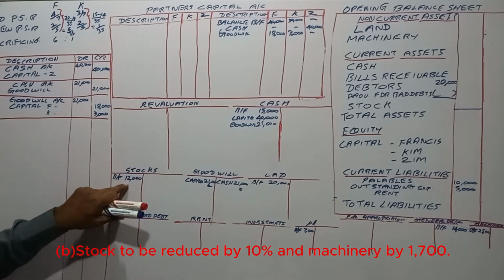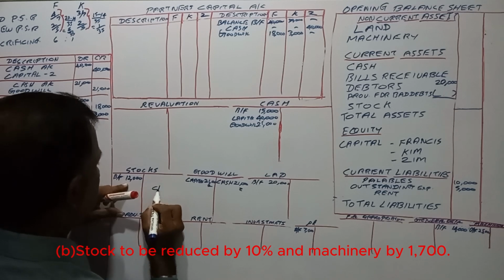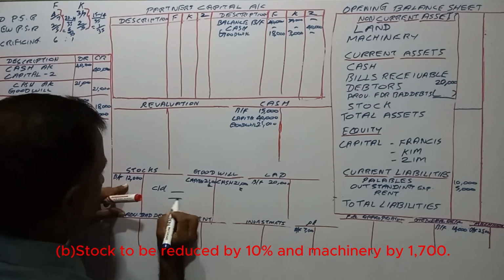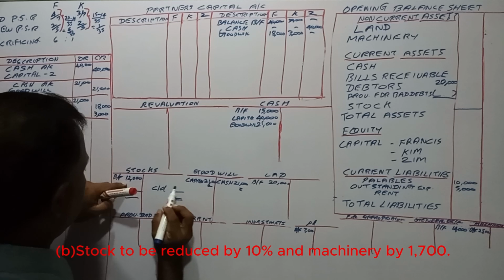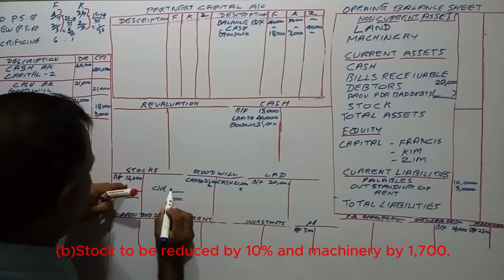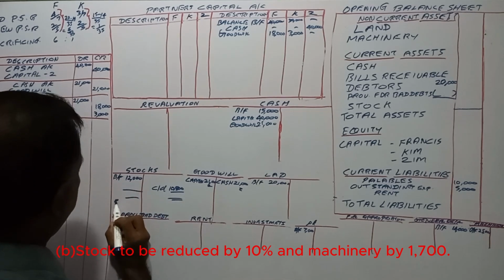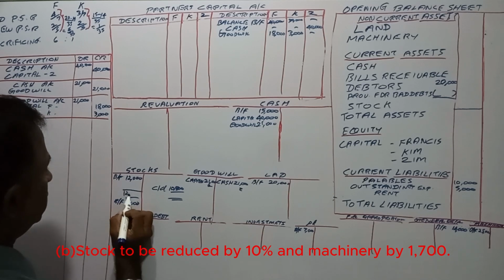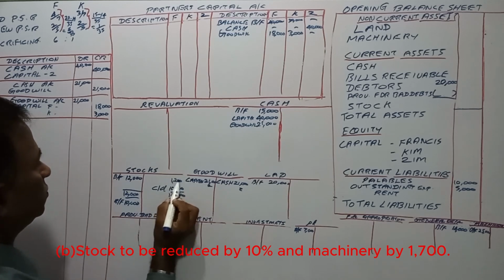Here stock is to be reduced by 10%. Stocks are 12,000. It has to be reduced by 10%, which means the carried down value should be 10,800. The brought forward value is 12,000, so the difference is 1,200.